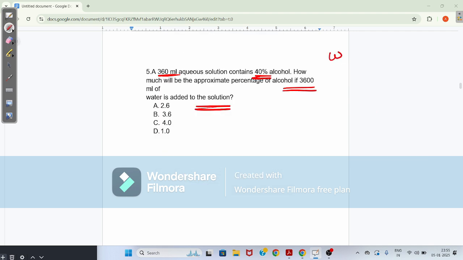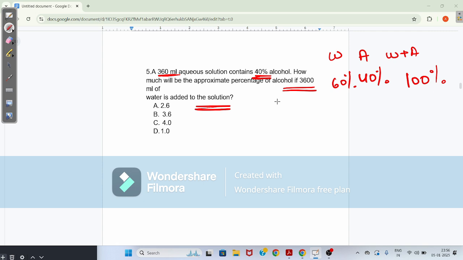Consider here water, alcohol and their mixture, a water and alcohol mixture. Okay, now when you add these two, 40% of alcohol means 40% alcohol when the mixture is 100%, and the water is 60% here.